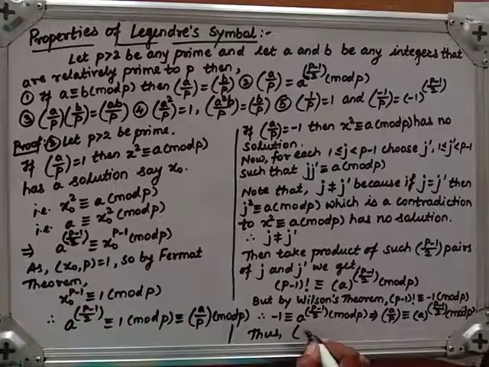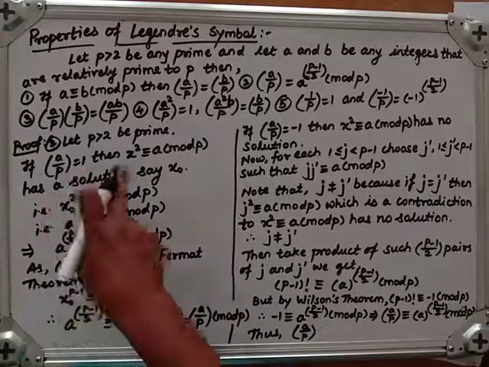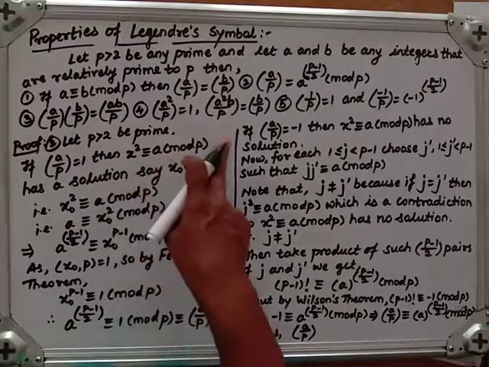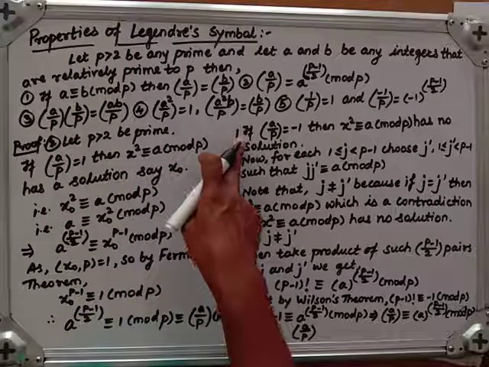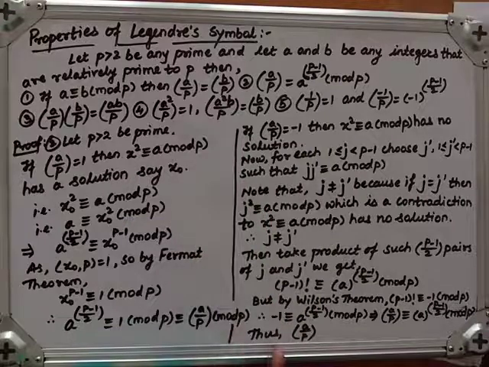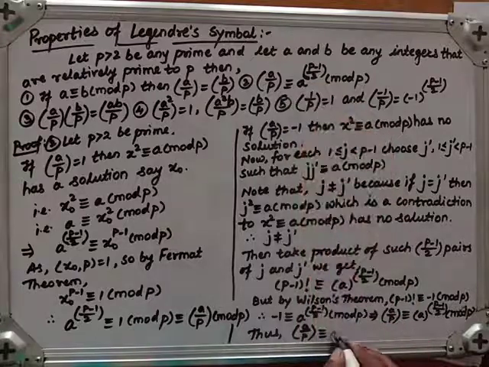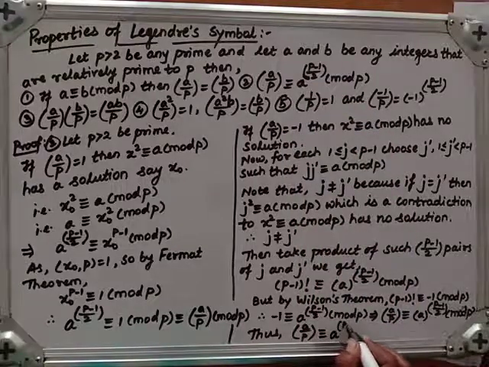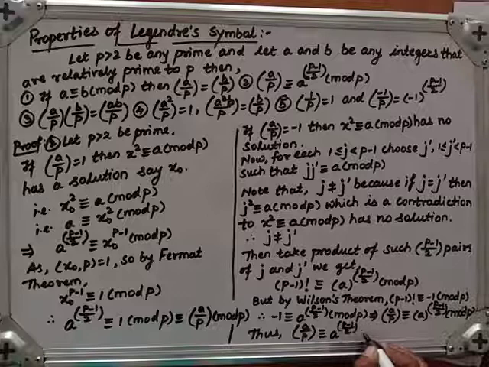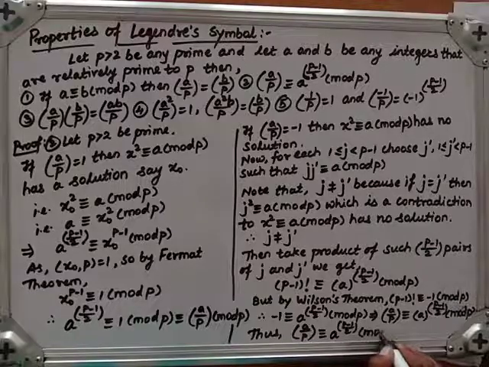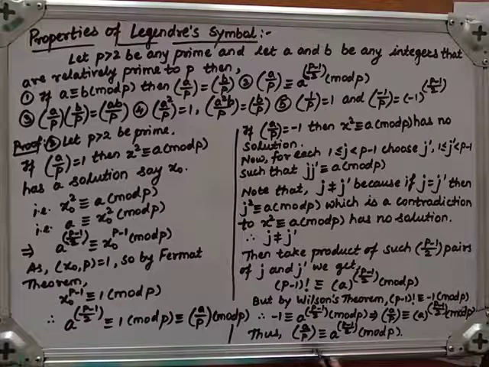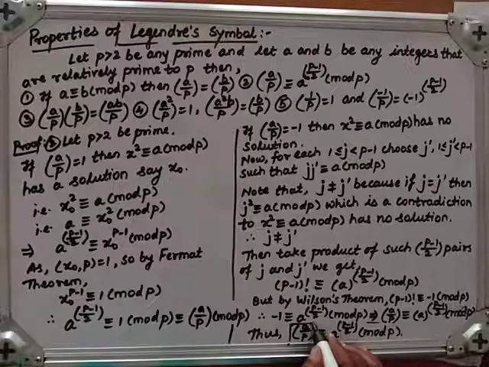Legendre symbol of a by p, in both cases, whether it is a quadratic residue or a quadratic non-residue, is congruent to a raised to (p minus 1) by 2 modulo p. This is true in both cases.